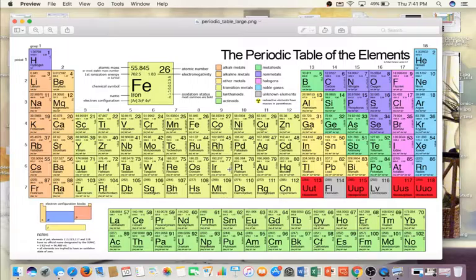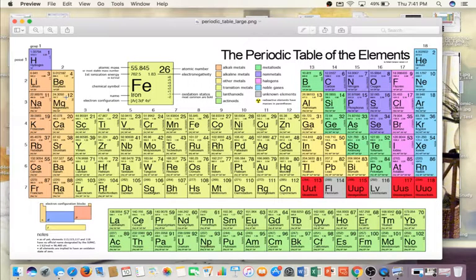Your yellows are your other metals. Your bright greens in the middle are your metalloid family group. Then the purple is your nonmetals. The fuchsia pink color here are halogens. And then your light baby blues here are your noble gases. Down here, the rare earth metals.